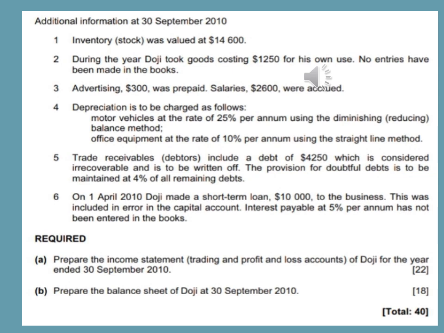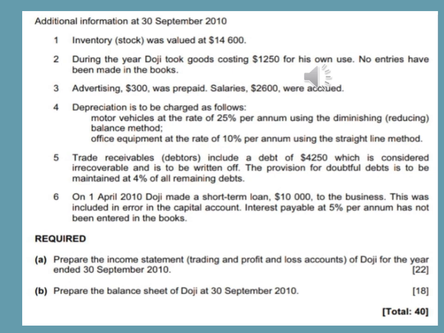With what amount we will do that actually depends. In the list of balances, the debtors are given to you all. From the amount of debtors, 4250 has to be excluded, removed off, and then on the remaining amount of debtors, we will apply 4%, and then we will take out 4% of that remaining amount.